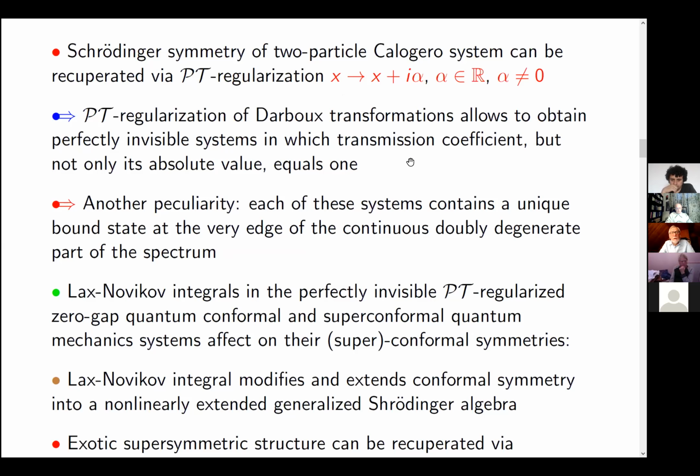And this happens because the corresponding Darboux transformation is based on the eigenstates of the free particle system which correspond to zero energy, or on the so-called Jordan states, which correspond to the same zero energy. Another peculiarity of the obtained systems is that each of the systems contains a unique bound state at the very edge of the continuous doubly degenerate part of the spectrum.